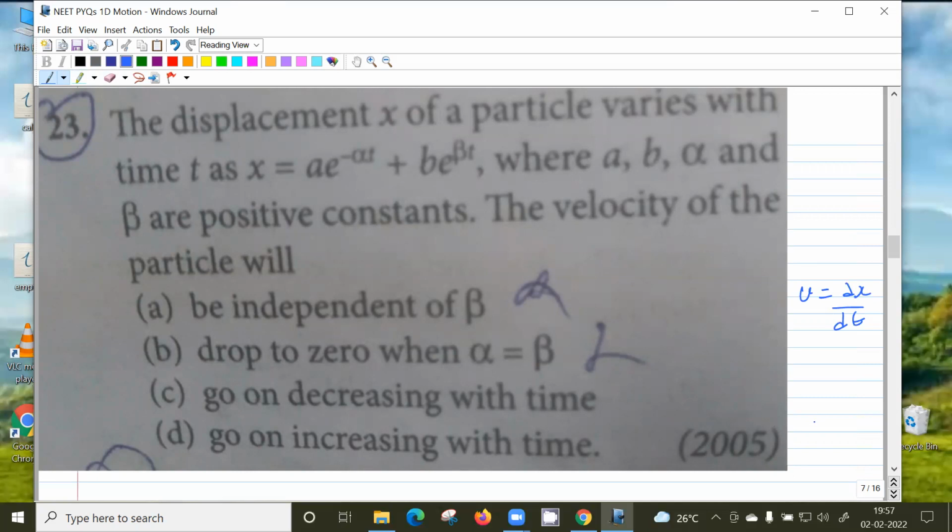It's a 1D problem. So you just have to take the derivative of this one. The derivative of the exponent is the same, minus alpha, plus b into beta.